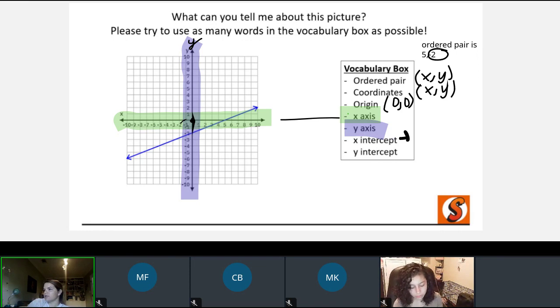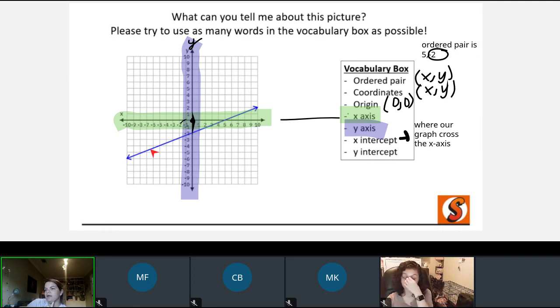All right, the x-intercept, I'm going to type this out real quick, is where our graph crosses the x-axis. Let's make this look bigger. There we go. All right. So in this graph, I'm going to follow my line. Guys, the chat needs to be about math, please.